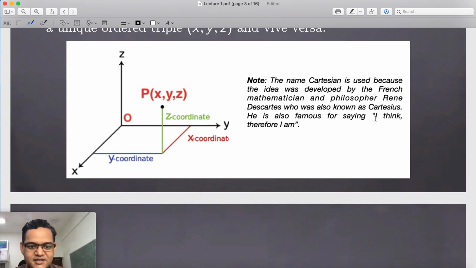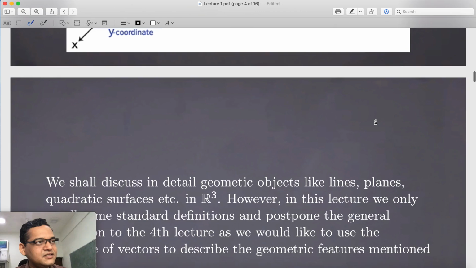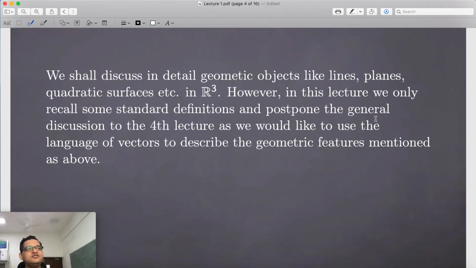In R3 we are going to discuss several things: various geometric features and geometric objects, like equations of lines, equations of planes, and some quadratic surfaces in R3, and then tangents and so on.